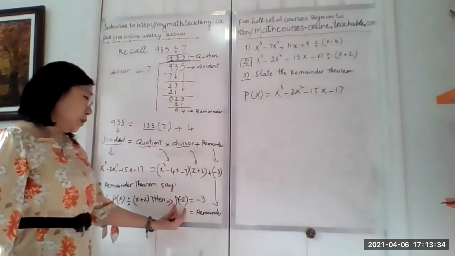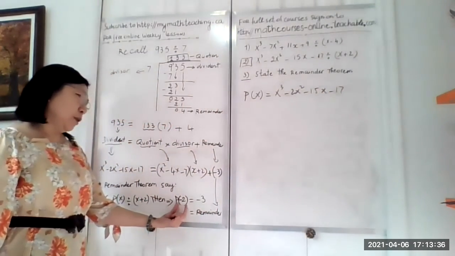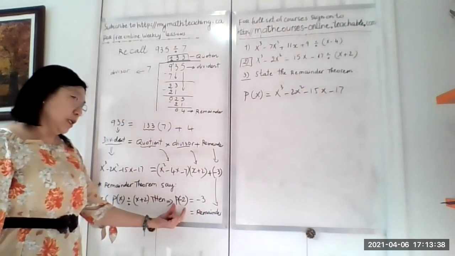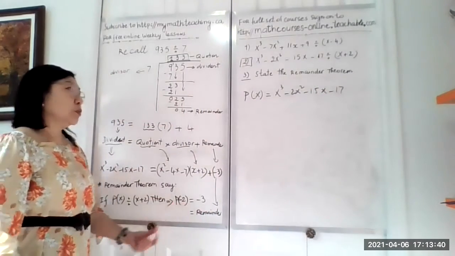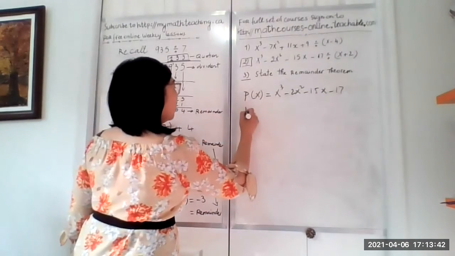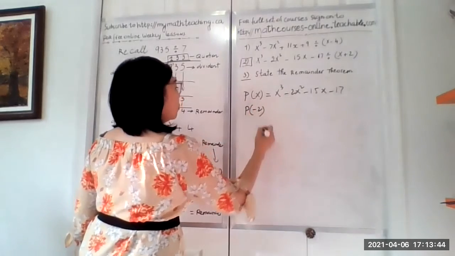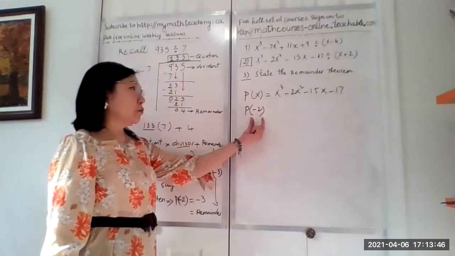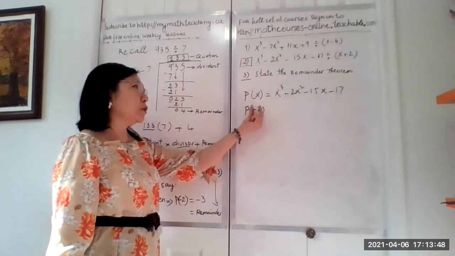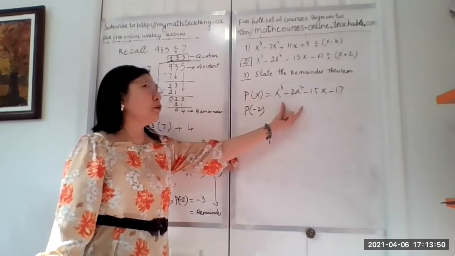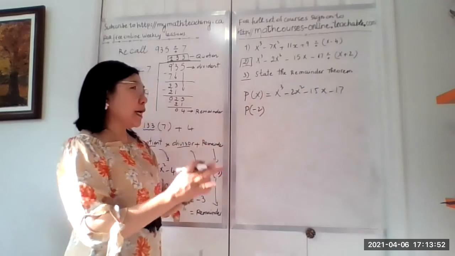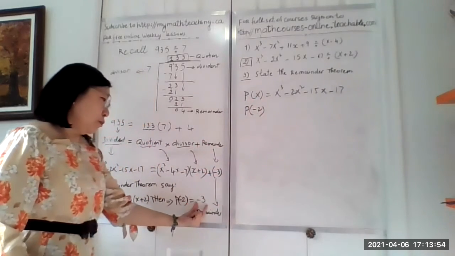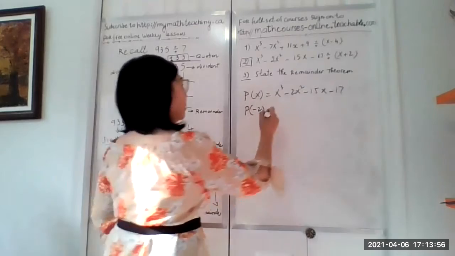Now we're going to substitute x by minus 2, because that is what the statement told us. So p of x becomes p of minus 2. We substitute minus 2 for x, follow our expression, and calculate it out to see if we get the remainder.